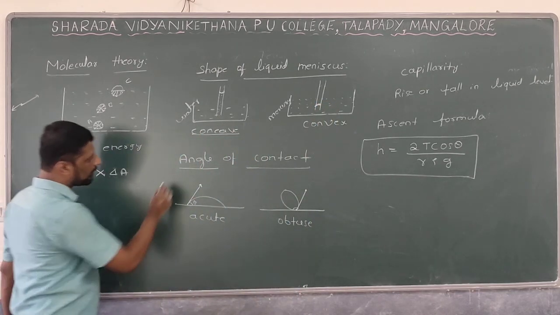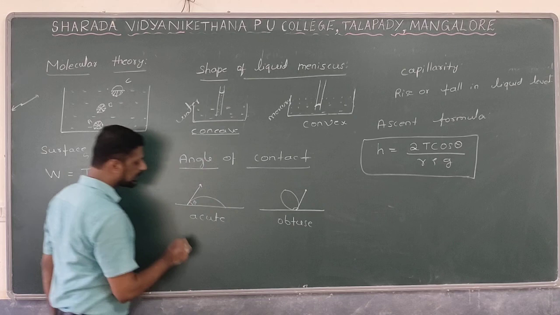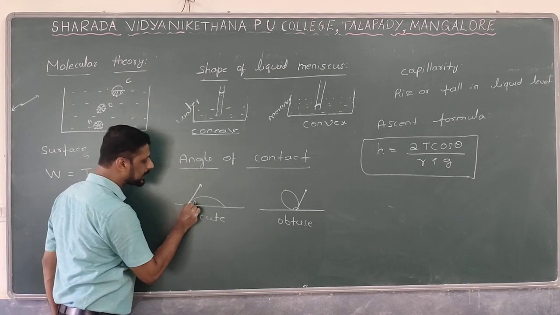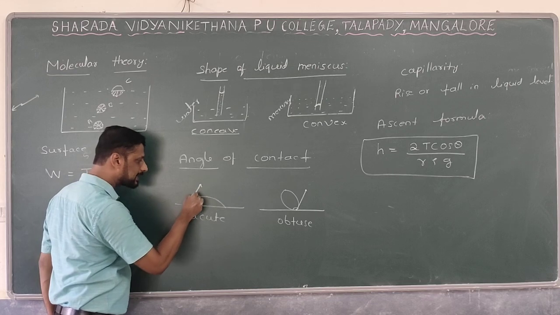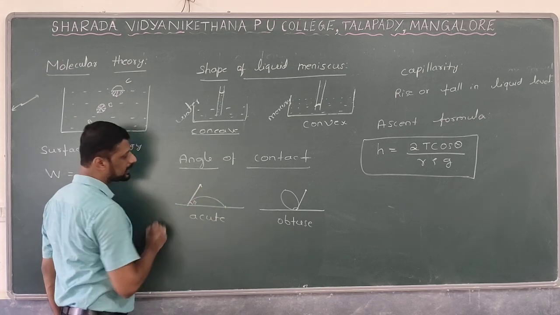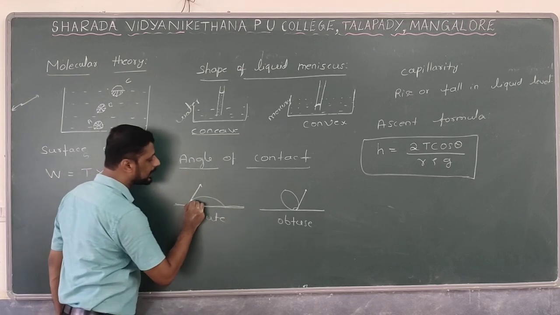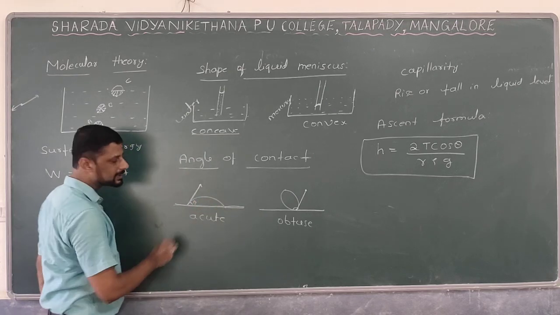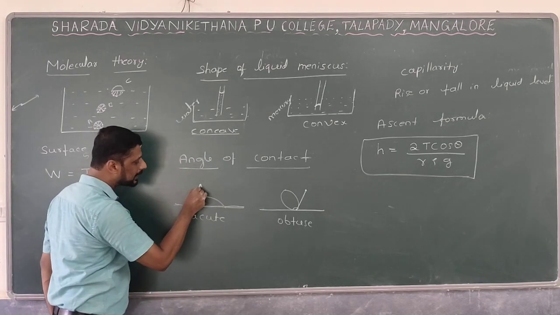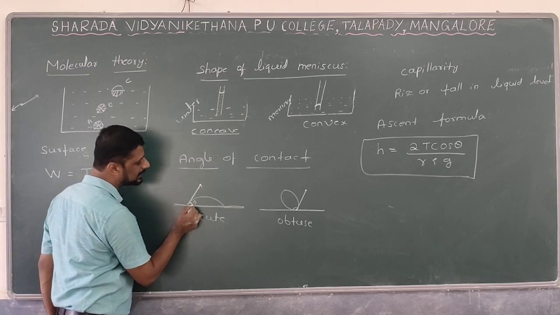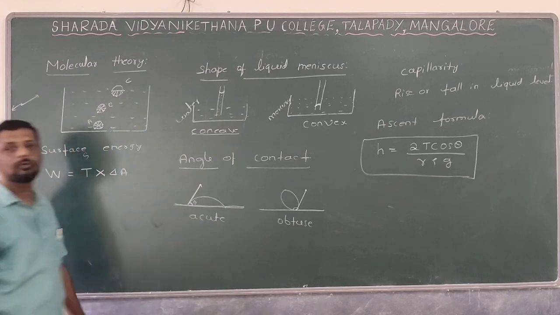So next, angle of contact. Angle of contact is nothing but the angle between the tangent. This is the tangent to the liquid surface and this is the solid surface. Here a liquid is placed on the solid surface. The angle between the tangent drawn to the liquid surface and the solid surface inside the liquid is called angle of contact.